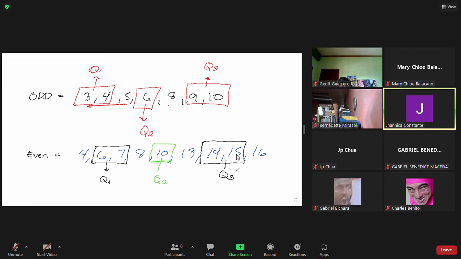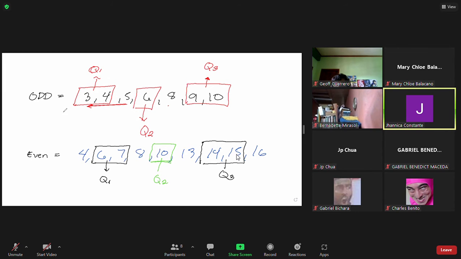The half of the sum of 14 and 15, if you don't want to use the formula. So that's how you can find the quartile 1 and quartile 3 in the set of data that we have.